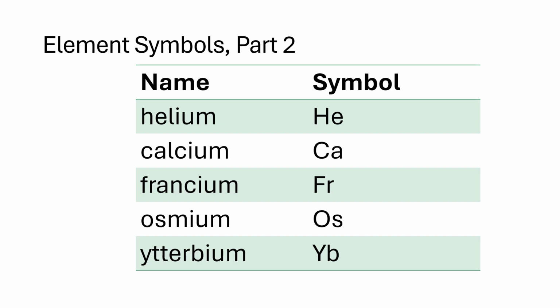So when we start looking at these, helium has a symbol He, calcium Ca. It's looking like we are taking the first two letters of the element's name and using those for the symbol. Francium, Fr, osmium, Os, all of that's looking great until we hit ytterbium. So ytterbium uses the first letter, Y, and then another letter that's there in the name, a B, but not the second letter.